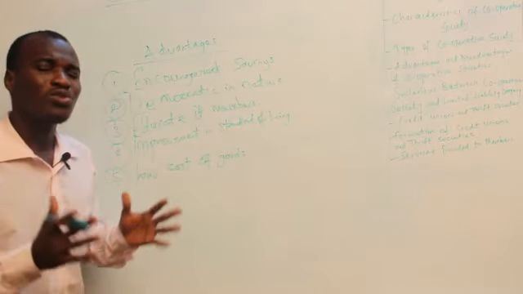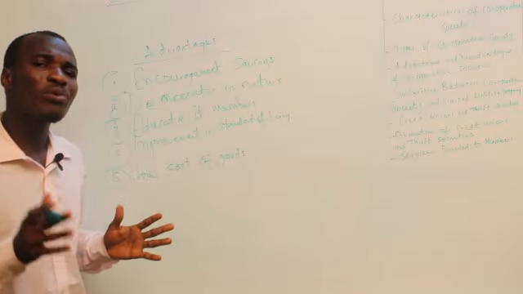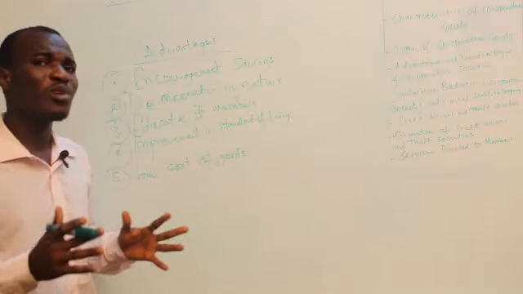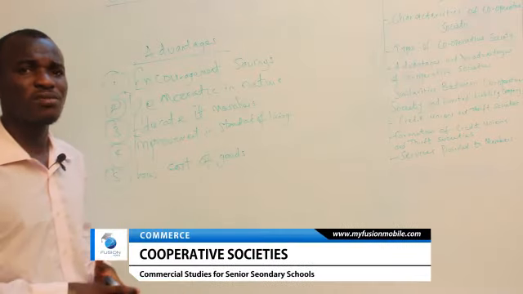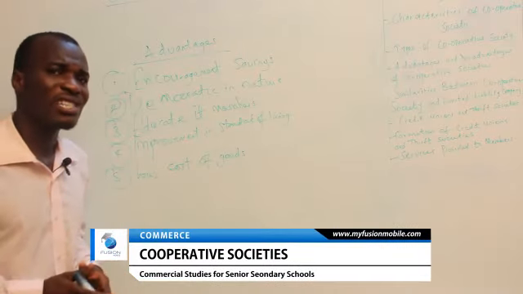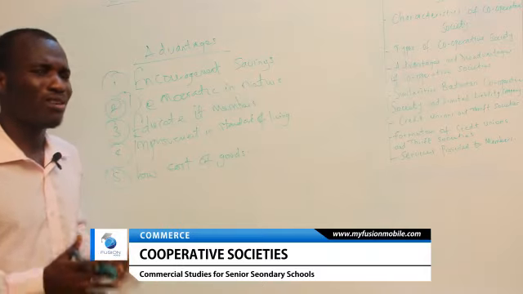Especially to the consumer cooperative society. That is one of the major aims of some cooperative societies, like the Retail Cooperative Society and the consumer one. We have a lot of them.